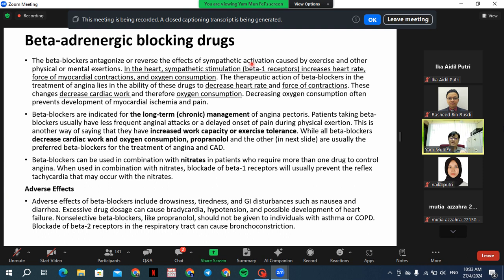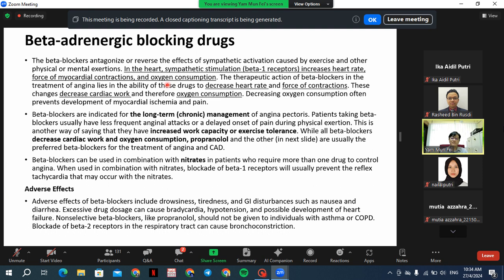If you block beta 1 receptor, then you are able to block the sympathetic stimulation, meaning that you're able to decrease the heart rate, and you're able to reduce the contraction force of your cardiac muscle. If you reduce the heart rate and the force of contraction, you decrease the oxygen consumption.